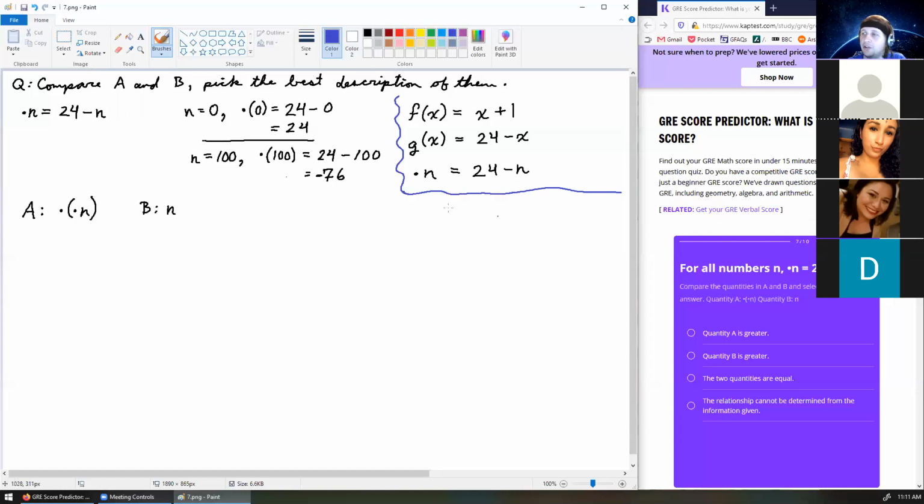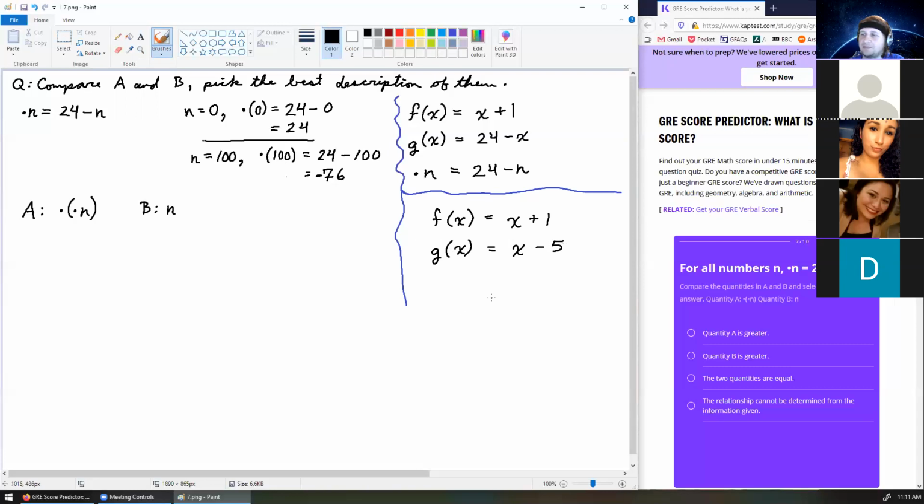I'm going to draw a little example over here. Let's say we have f of x equals x plus 1, and let's say we also had g of x equals x minus 5.